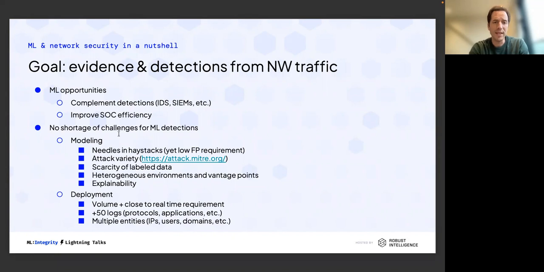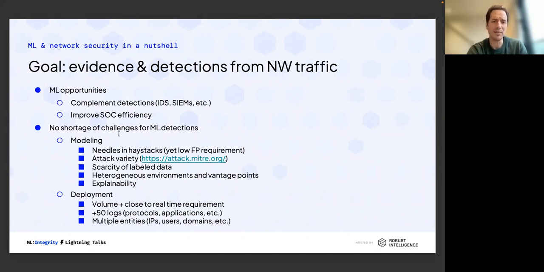That said, there are many challenges for machine learning in this space, unfortunately. I broke those down into two big categories, modeling and deployment. For modeling, the biggest problem is that cybersecurity attacks are rare. It's like looking for needles in haystacks, yet we are required to have models with very low false positive rates, because otherwise we would overwhelm analysts and they would not be able to act on the findings.